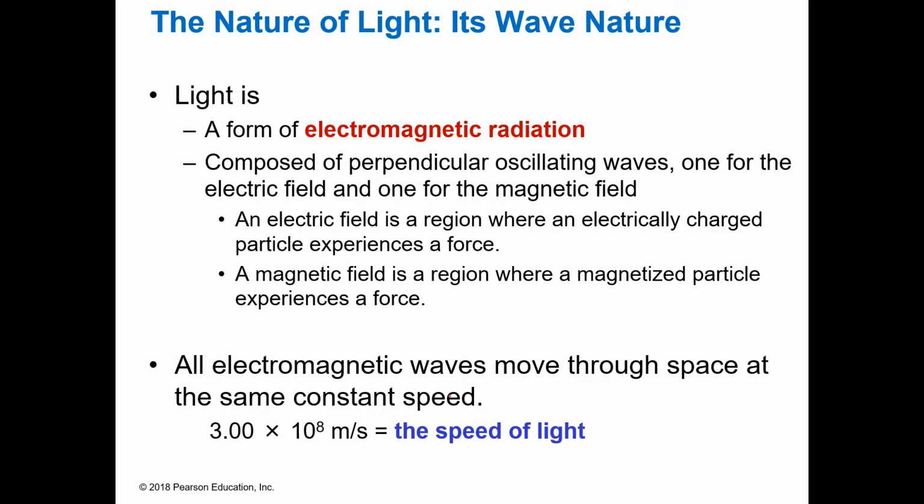So what this is saying is that light moves in what we call oscillating waves. And it moves at a speed of 3.00 times 10 to the 8th meters per second. This is a constant that we're going to use. And the symbol for it is c, lowercase c. c represents the speed of light.